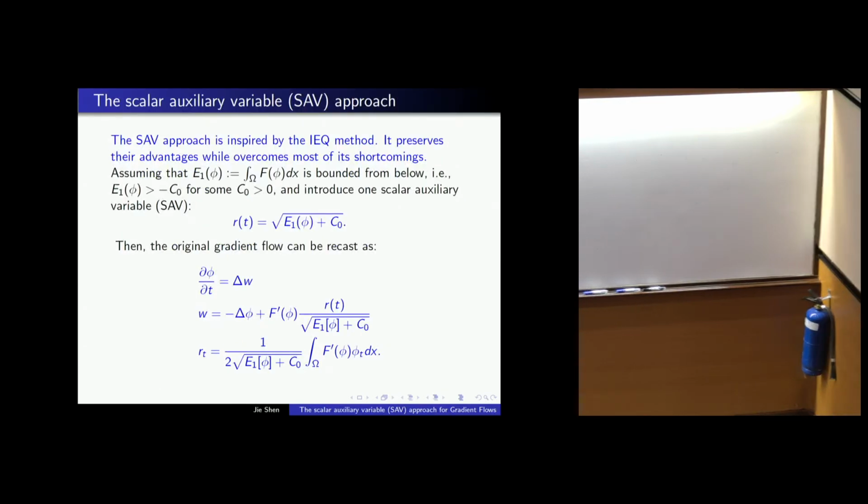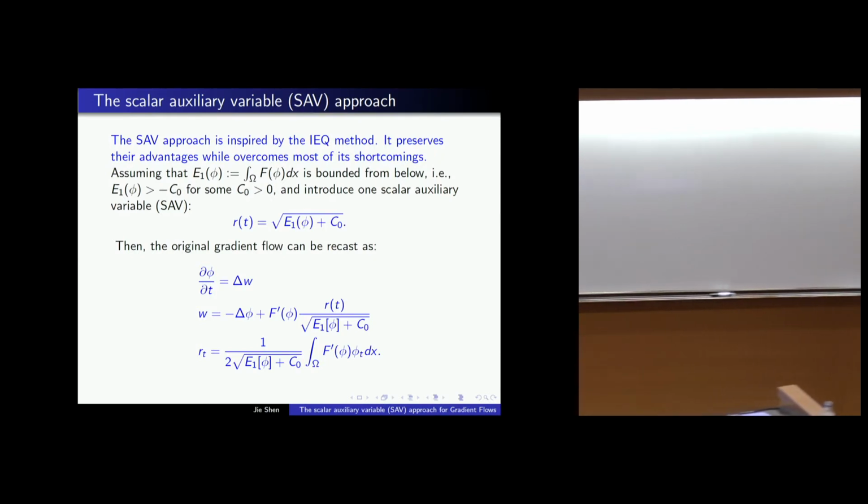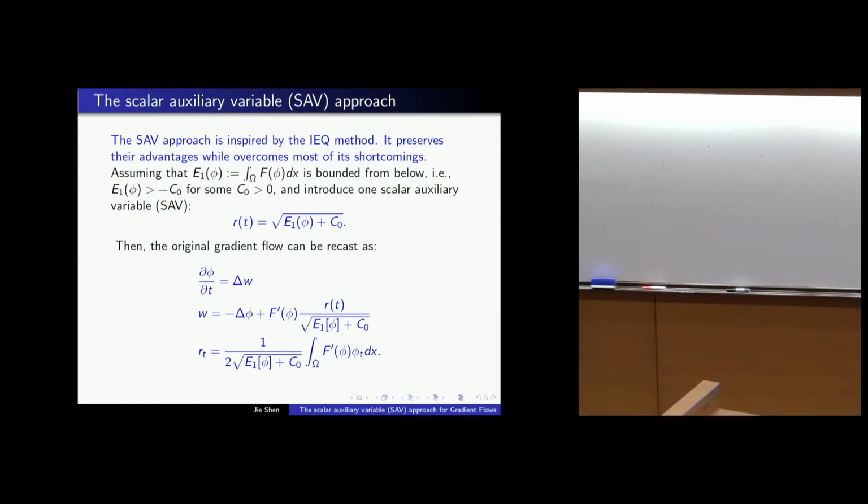So this is what we call the SAV, scalar auxiliary variable. The main difference here is that now I'm going to integrate the function f, this part of the energy, which I call E1, and I will assume this is bounded from below.